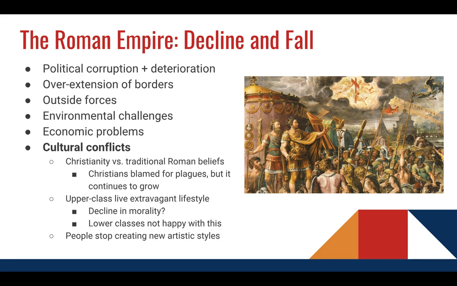And then the last thing that we see is that art and architecture, that innovation and technology that had really come to define Roman history, really just dries up. Rome stops creating these new artistic styles, which is perhaps more symbolic of their decline than causing it, but nevertheless still noteworthy.